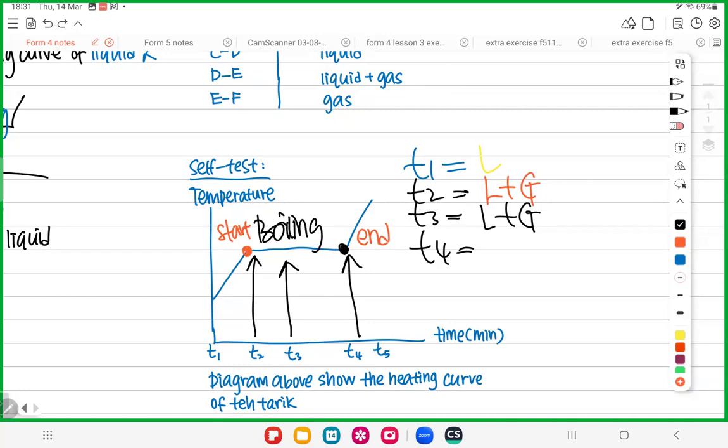When the boiling has finished, all the liquid has boiled, so all becomes gas. T5 is easy. T5 is here, after the boiling. After the boiling, everything is gas. Is it okay? I hope all of you understand what is ongoing.